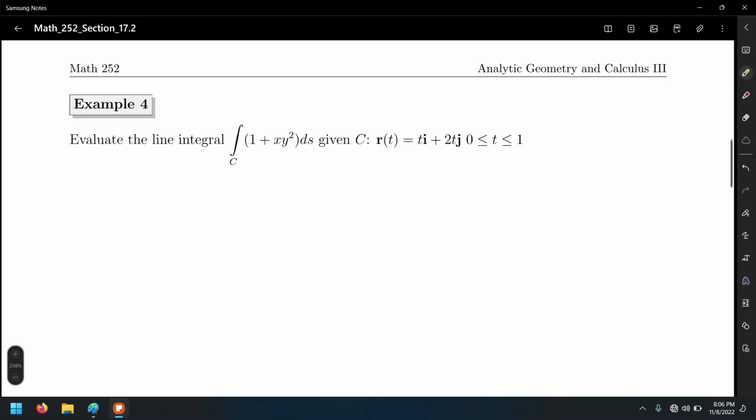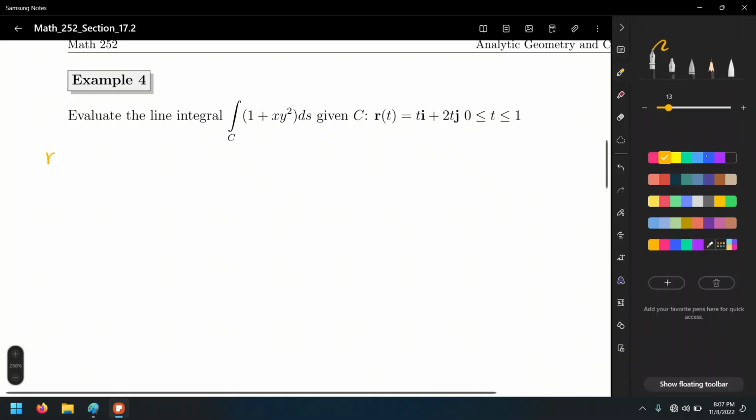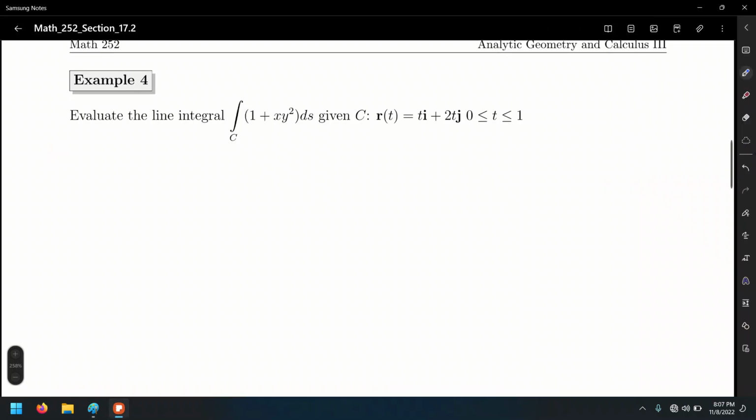So notice that ds is going to be replaced with dt, because we now have a form to evaluate this in a lot easier way, because otherwise we would have to figure out the arc length function from here, and that's not something you feel like doing, right? That's going to take forever. And so along this path over the interval 0 to 1. So number 1, r of t is given.